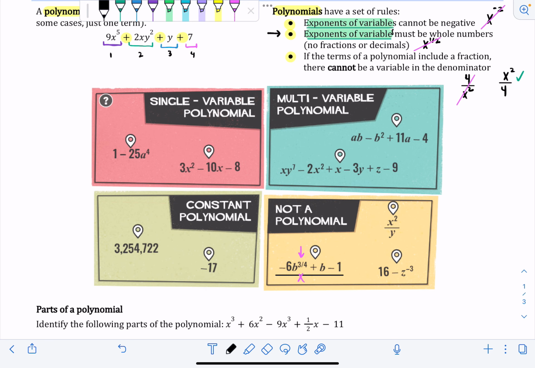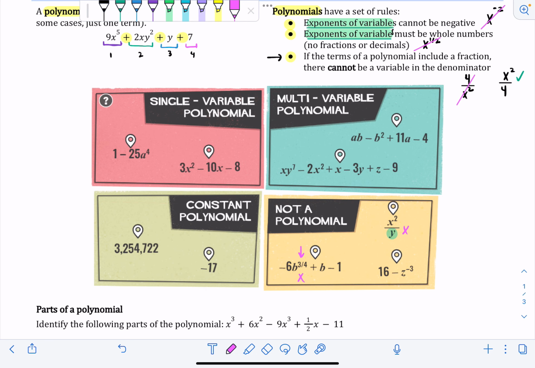And then if we look at this one right here, x squared over y. If we look at our third rule, that said if the terms of a polynomial include a fraction, and this is a fraction, there cannot be a variable in the denominator. And we have a y in the denominator, so that breaks the rules. That would make it not a polynomial.